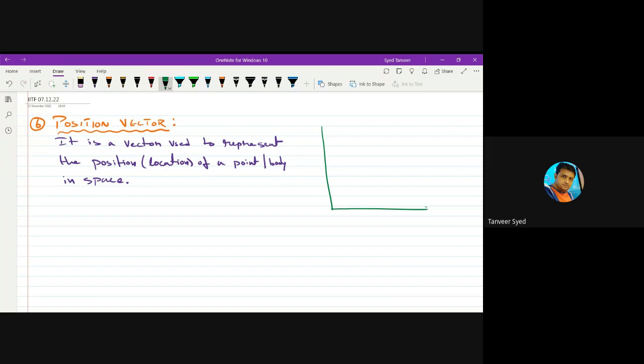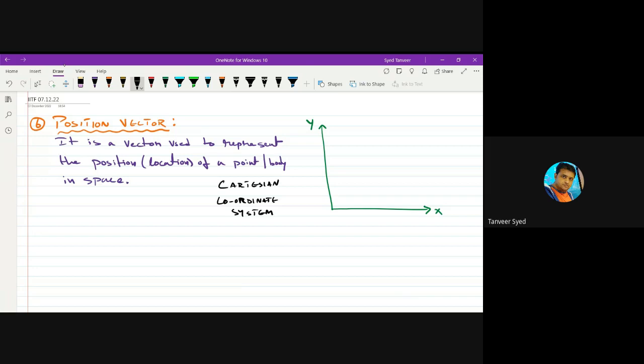Similarly, to represent the position of any point or any body, we choose the XY coordinate system, which we call the Cartesian coordinate system.